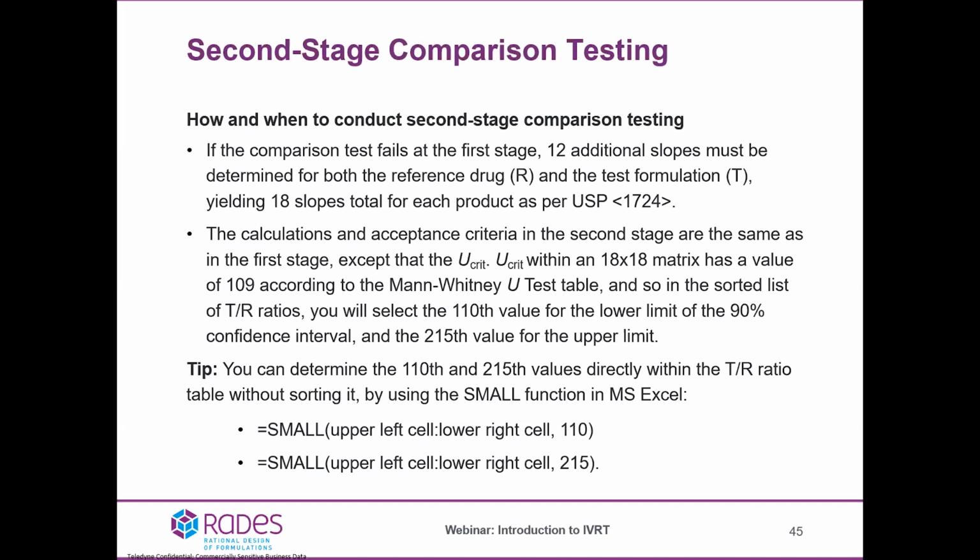The evaluation is exactly the same as described for the first stage, except building an 18 × 18 matrix, the 6 initial release rates plus the 12 newly determined release rates, and using, according to the Mann-Whitney U-test, the 110th value as the lower and the 215th value as upper limit.